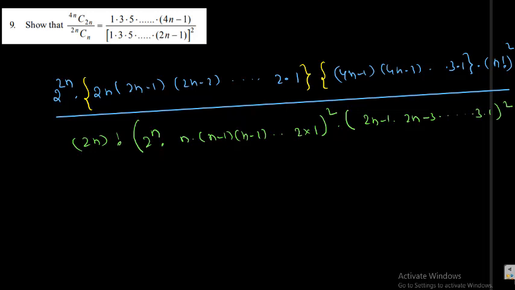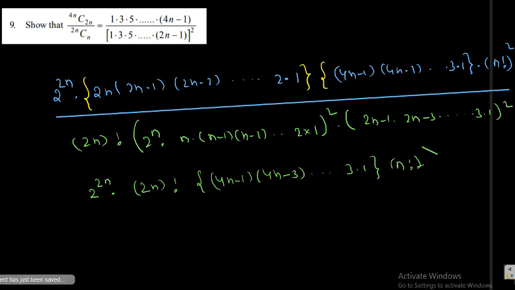So this is 2 power 2n into 2n factorial into, as it is, you write, that is (4n minus 1) into (4n minus 3) and so on, 3 into 1, into n factorial whole square as it is.